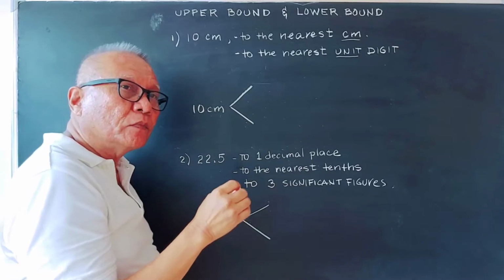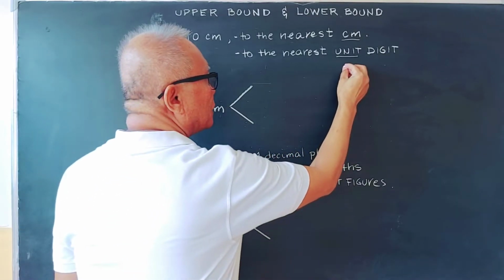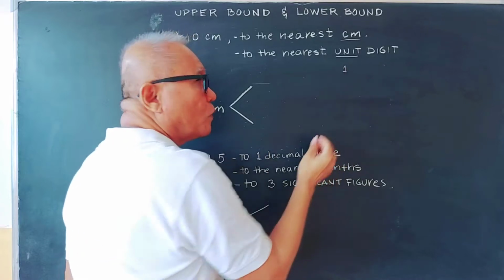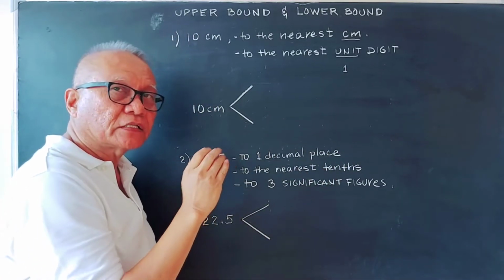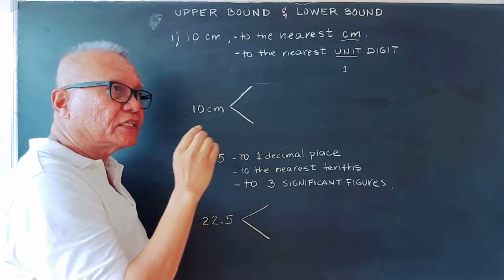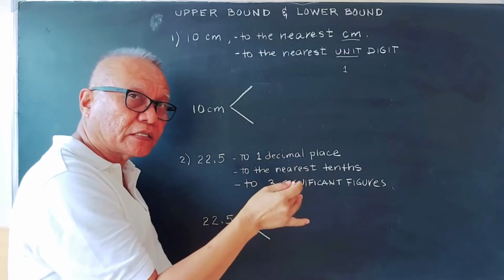So when we have a unit digit, it means that we are dealing with 1. In the tens digit, we are dealing with 10. In the hundreds digit, we are dealing with hundreds, thousands.